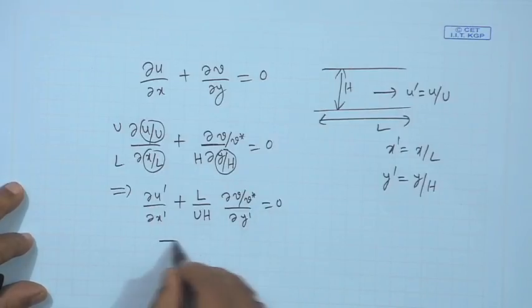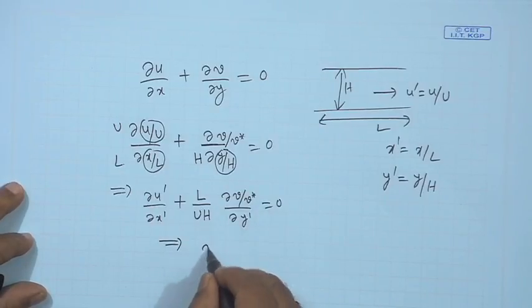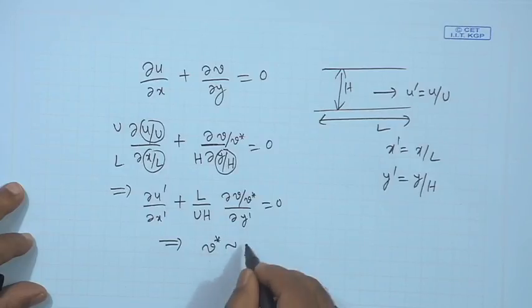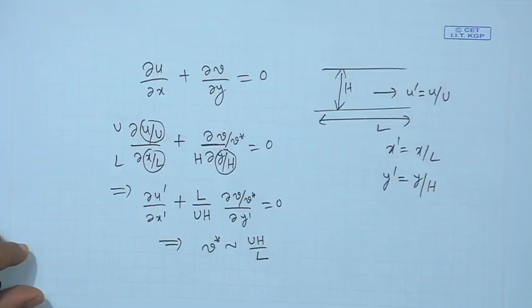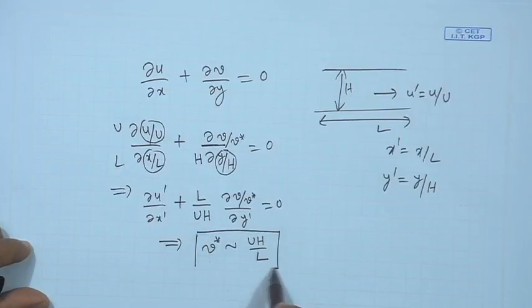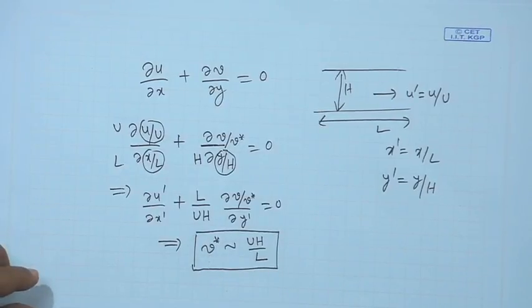Okay. So, this indicates the non-dimensional grouping for V star should be as such. Okay. So, this is the non-dimensional grouping for velocity to be non-dimensionalized.